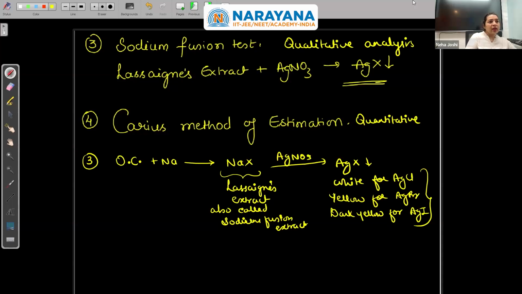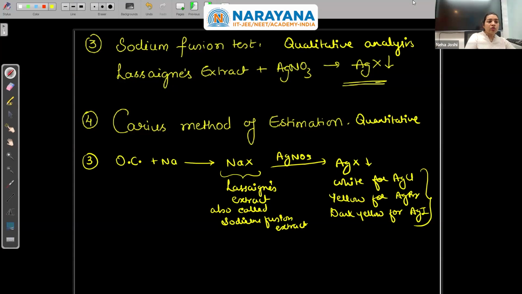Now, once we have these methods defined, how does the Carius method work? Let us see. In the Carius method, there is a fusion tube that we take. In that fusion tube, we have to heat our organic compound.